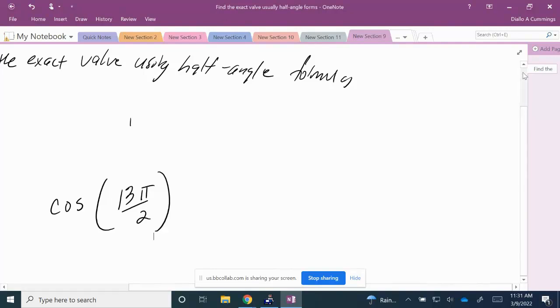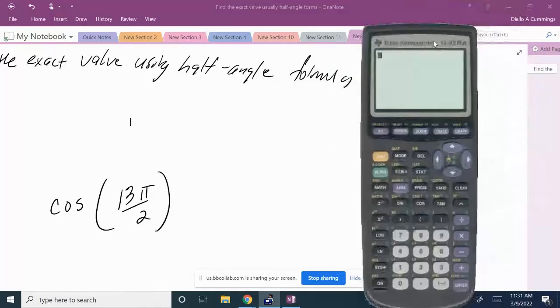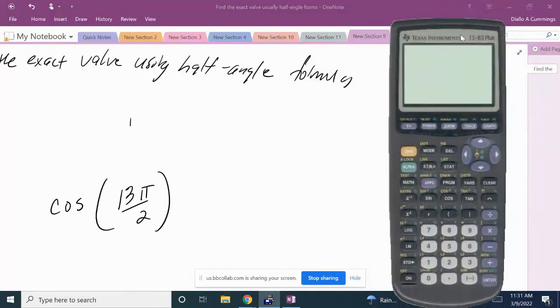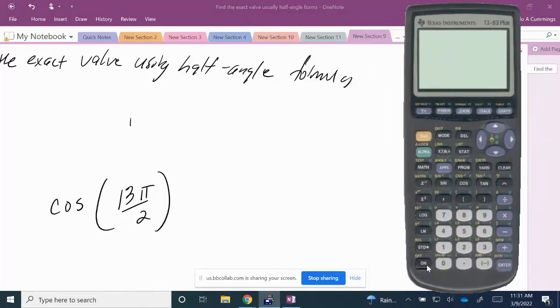All right, so if I were to change 13 pi over 12 to a degree measure, I have 13 times 180 divided by 12.